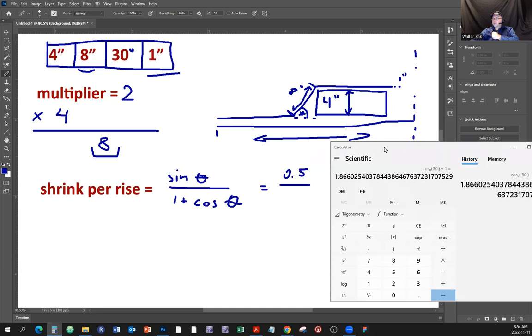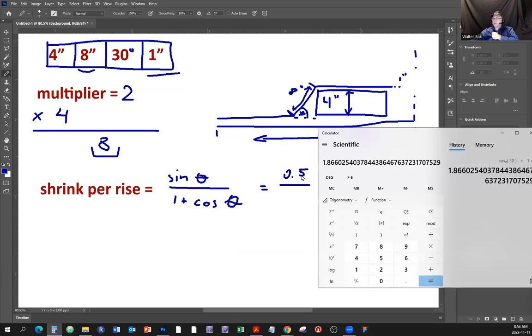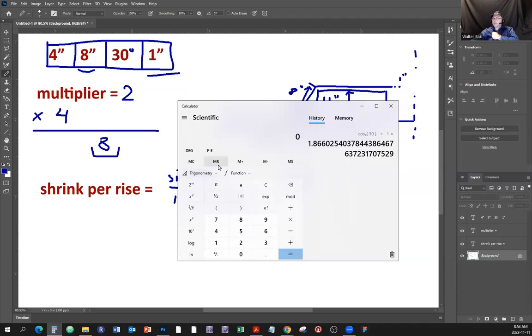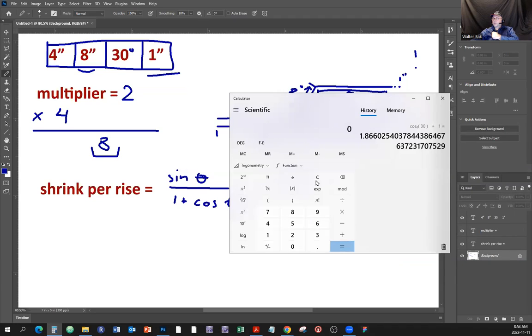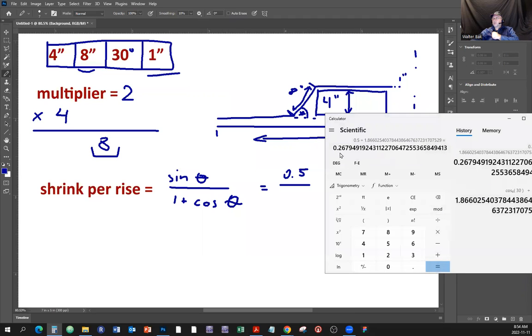Okay, so let's put that in the memory of the calculator right here. We have it in the memory, okay? Because we have to do 0.5 over that number. So we're going to clear the board, but we still have the memory there. 0.5 divided by memory recall equals 0.267 inches.